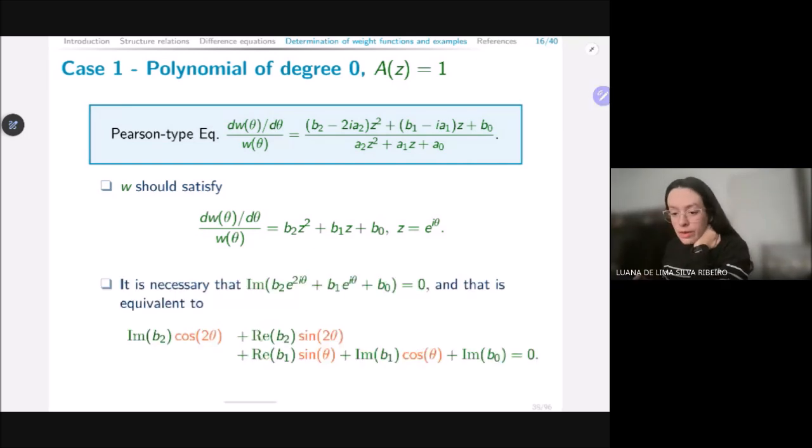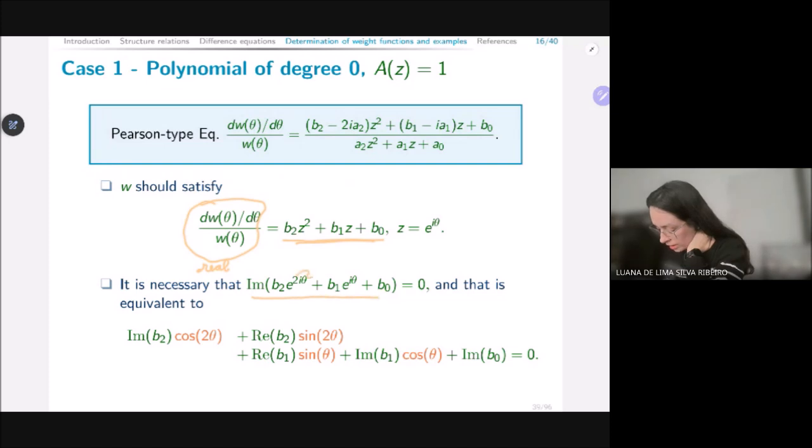So we want our weight function to be positive. So this part must be real. If this part is real, the imaginary part of this part must be 0. So when we impose this condition and we multiply these quantities, this equation here is equivalent to this one.